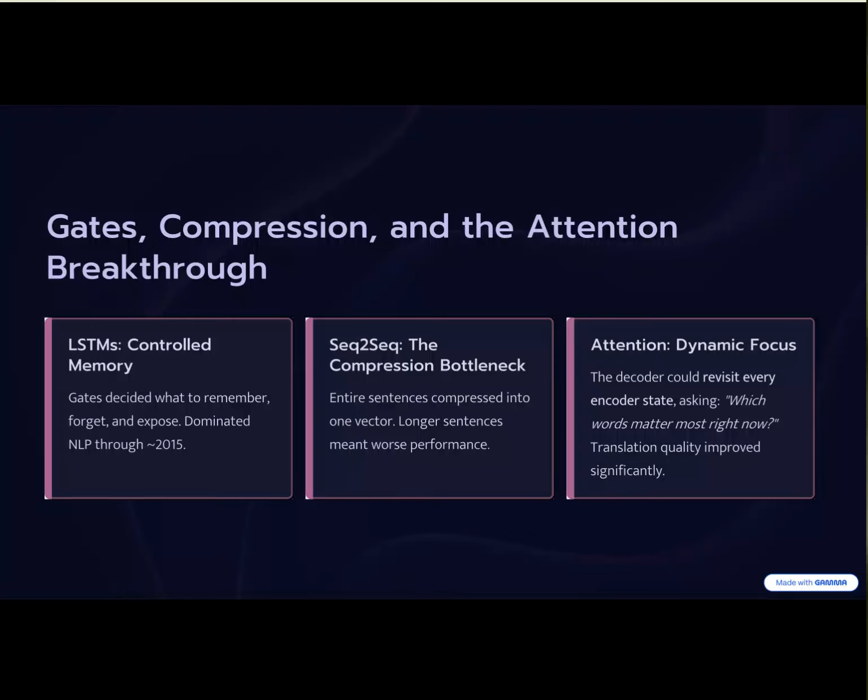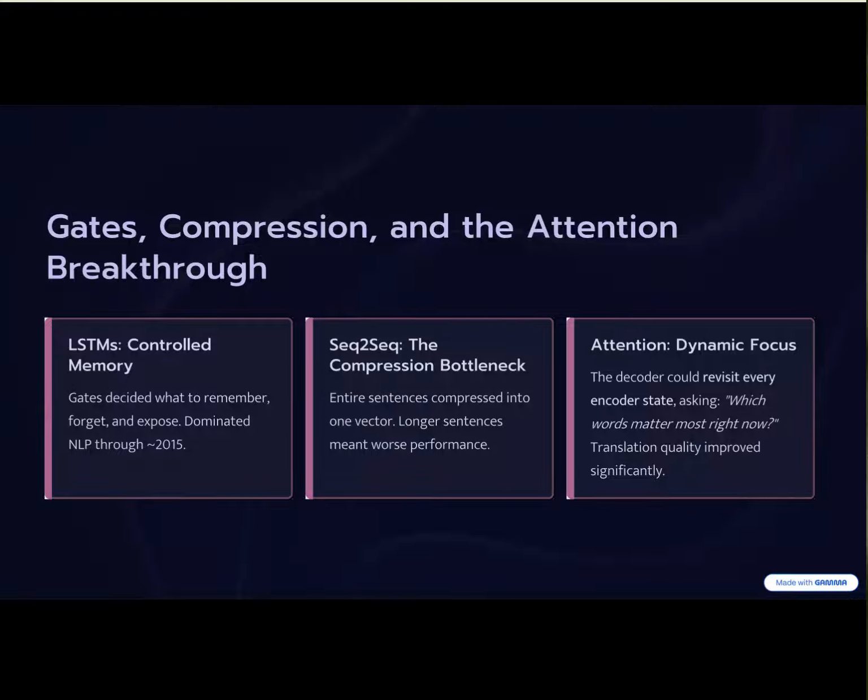So, instead of remembering everything, perhaps the model should simply know where the information is located. This idea changed everything. With dynamic focus, we have attention. Attention allowed the decoder to revisit every encoder state instead of relying on one compressed vector. The model could dynamically focus on relevant parts of the input.